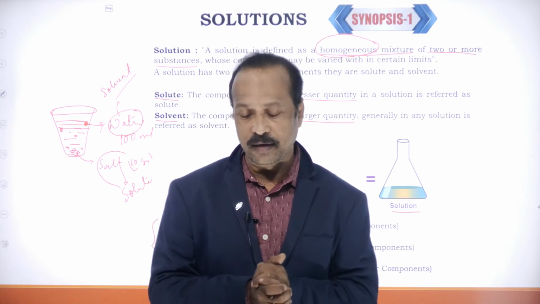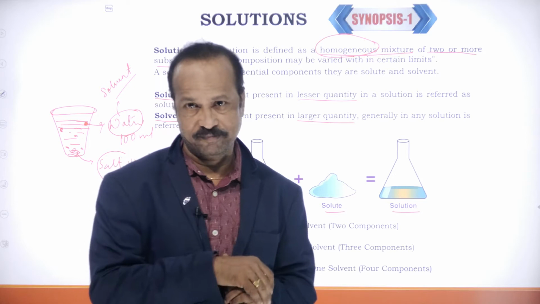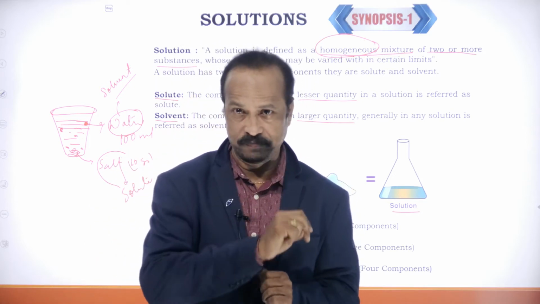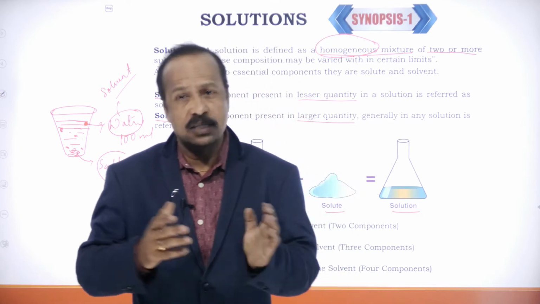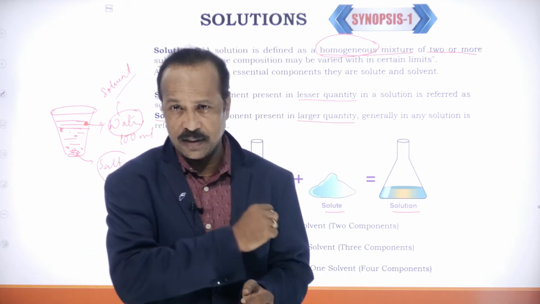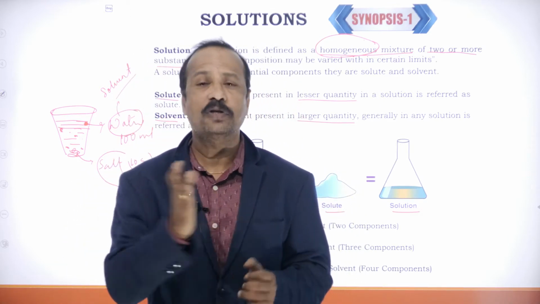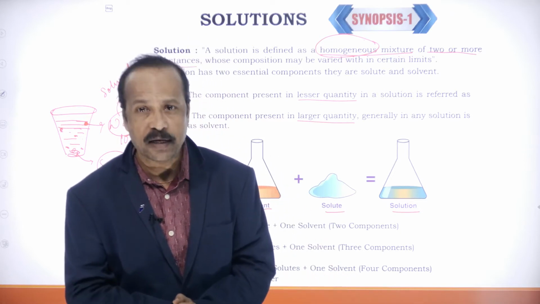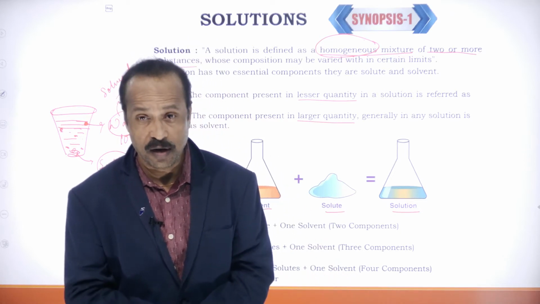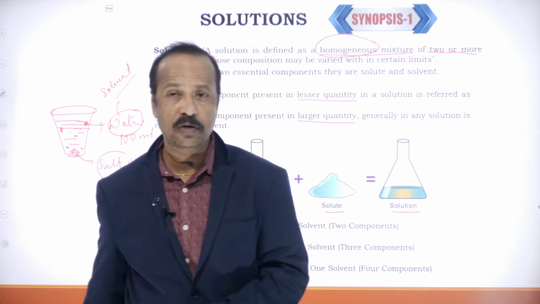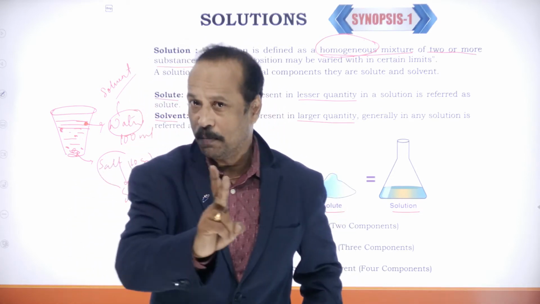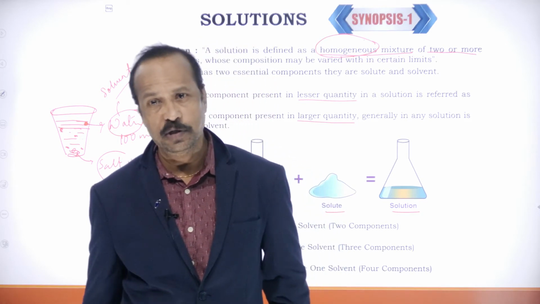So binary means what? Two. So a solution which is made up of only two components is called a binary solution. A solution which contains only two components is called a binary solution.